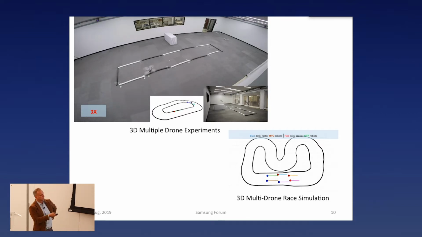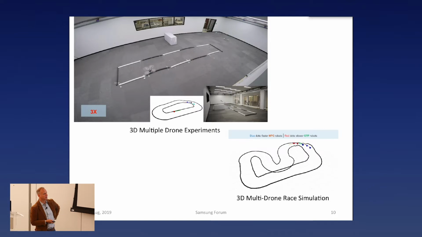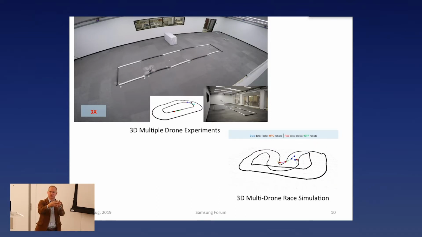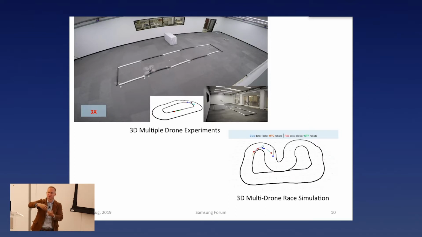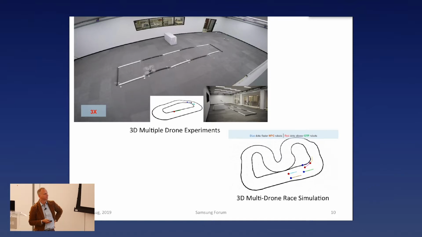So here's 6 drones. 3 are using the game-theoretic planner, 3 are using some other nominal policy. And you can see the track has lots of ups and downs. What you can't see is the track also has constrictions. And we can also make the track go vertical and do spirals and really move arbitrarily in 3D space. And we can do all this in a computationally efficient way through leveraging parallel computation.